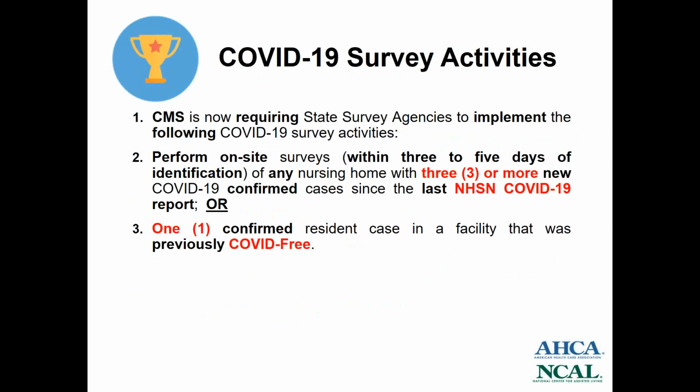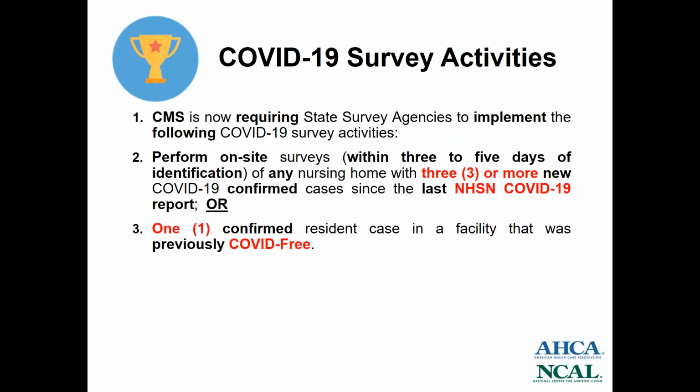And the focus there, of course, being if you've not really dealt with it to the level that some of the facilities have, who've been dealing with either specialty units or taking admissions or had outbreaks in their facility, they definitely want to avoid the possibility of an outbreak. So they are absolutely going to come in and do infection control surveillance monitoring for you, a focused infection survey to ensure that you are meeting the required standards for infection control at F880. And of course, if you're not, citations will ensue for that.